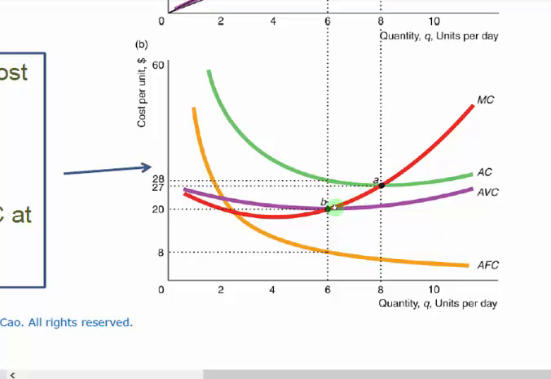This one is increasing, but there's a force that's decreasing, and eventually the increasing force in AVC overcomes the decreasing force in average fixed cost, which makes the average total cost start to increase as well. So the minimum point of average cost is always to the right of the minimum point of average variable cost.